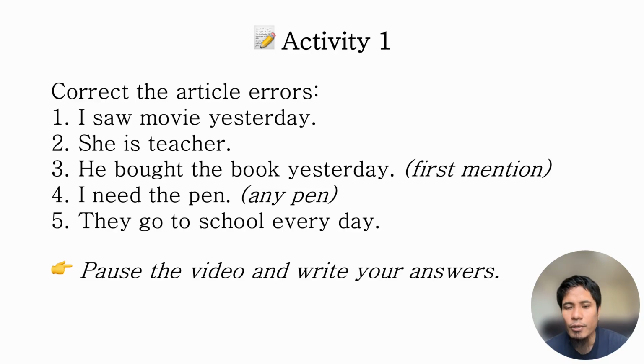Is this something general or specific? Is this the first time the noun is mentioned? Does this sentence require an article at all? When you have tried to correct all of those sentences, continue the video to check your responses.